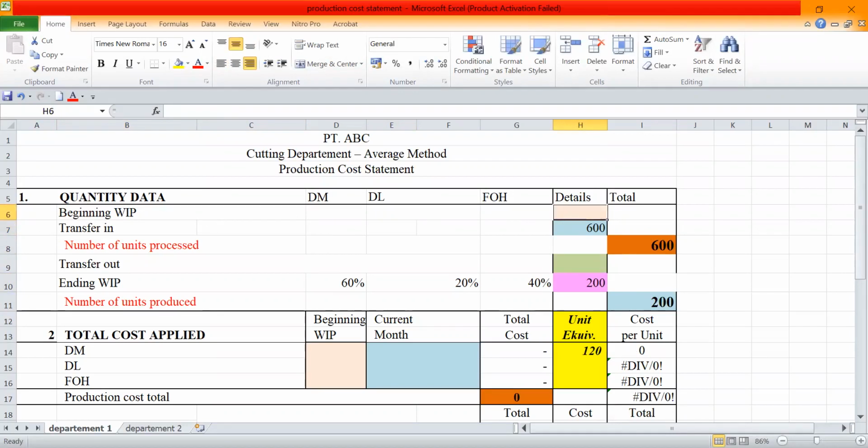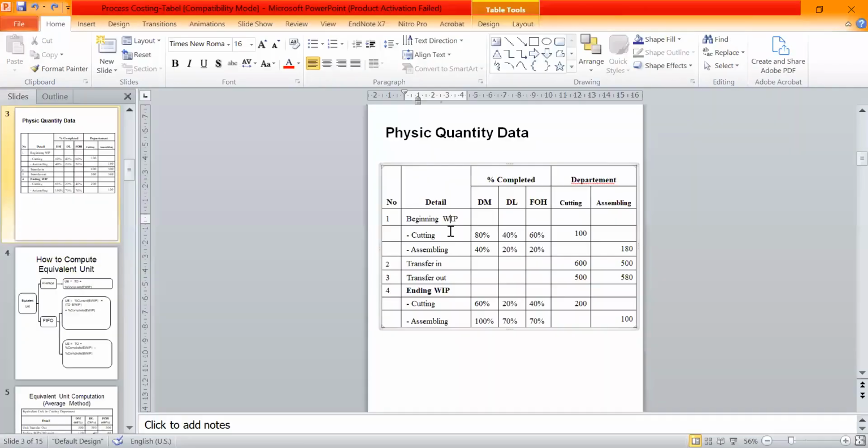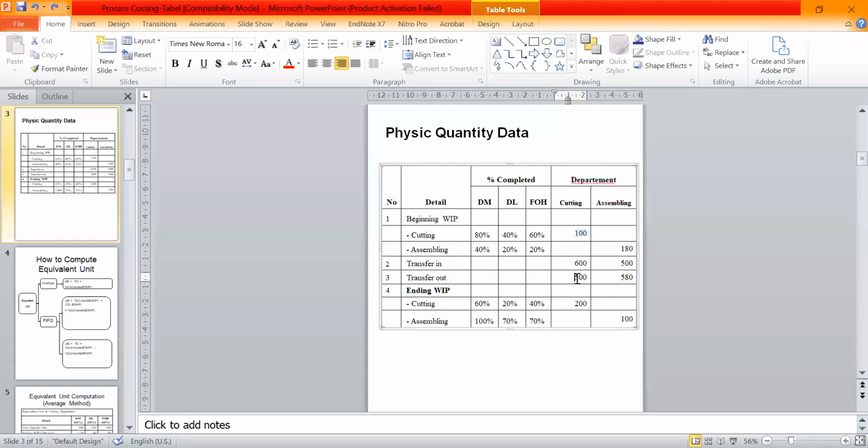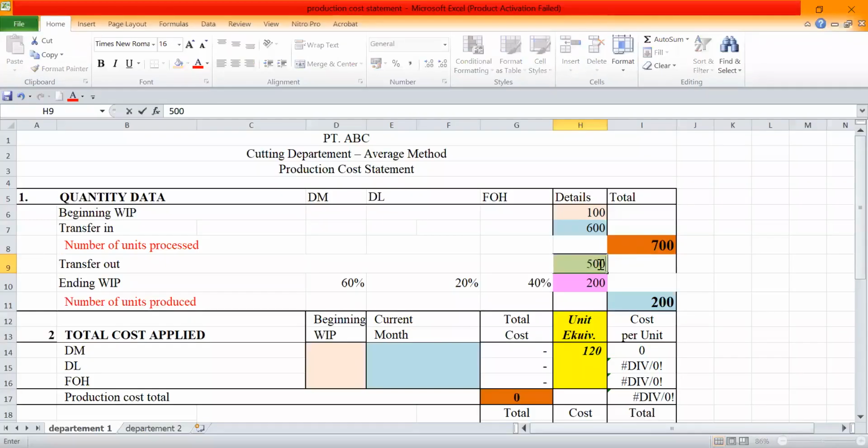Beginning work in process in cutting department is 100. Okay. And then the transfer out unit and the ending work in process. The transfer out unit is 500 and the ending is 200. Okay, finish, yeah? Only like that.